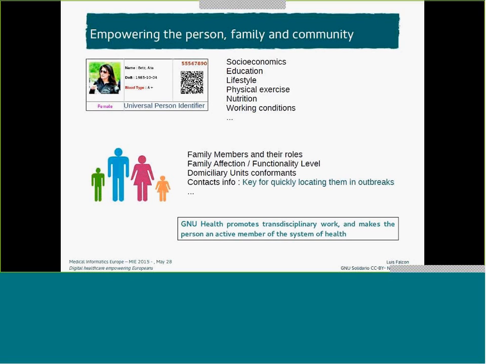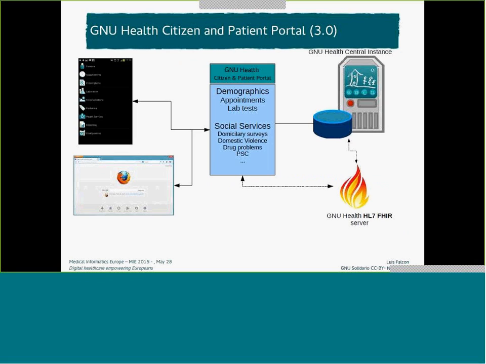The person is no longer a passive being, but is someone that can actually do things related to the fever surveys, in terms of how the domiciliary unit, on dengue fever prevention, do the survey, and send that information to the Ministry of Health directly. As disease or any sort of epidemic condition that you want to be dealing with in your public health program.